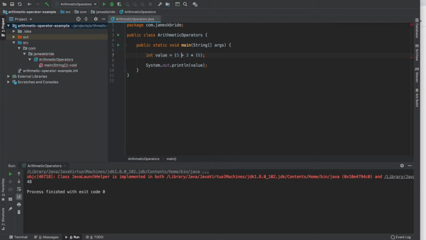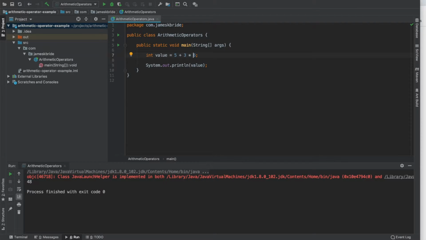This is an indicator that when you think about mathematics in Java, just like in normal math, you have to think about the order of operations. The nice thing is that, very similar to mathematics, if you use parentheses, you can force which part of the equation you want to execute first.